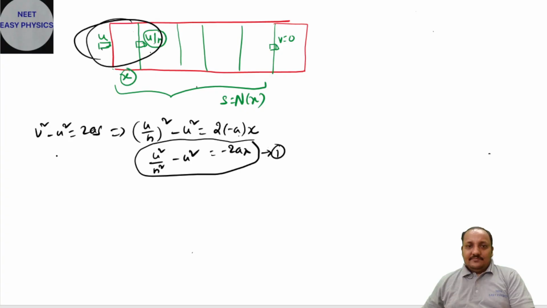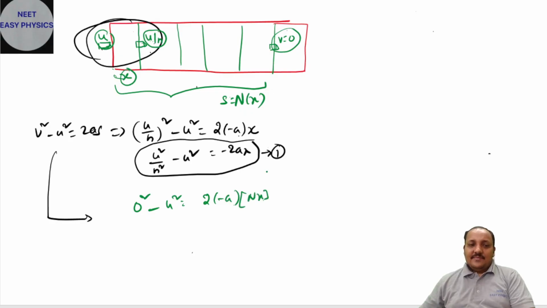Next, again we have to apply the same equation, but the case is different. Now its final velocity is going to become 0. Its initial velocity is u, and since the total number of lengths is required, the total distance is Nx. Therefore final velocity 0 square minus initial velocity u square equal to 2 into negative acceleration into distance.